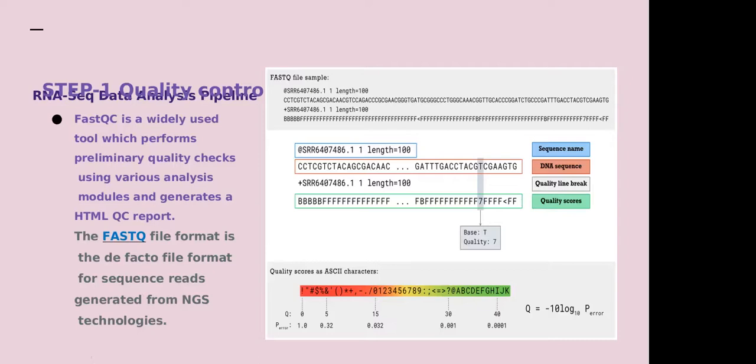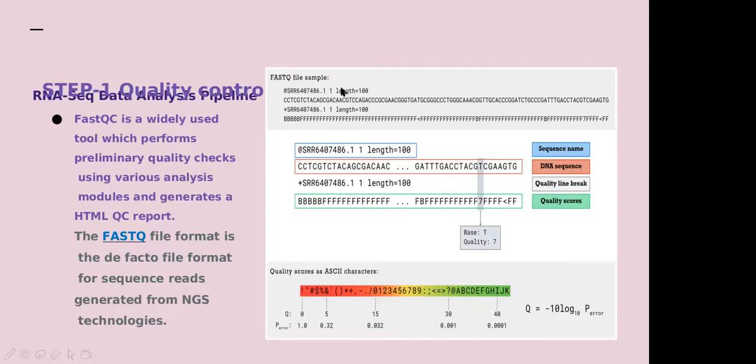Whatever data we are given, first we have to see if that data is worthy of further processing. FastQC is the most prominently used software, and it generates an HTML QC report. You can read about the FASTQ file format in more depth. I have attached the link here, and this is how a sequencing file looks.